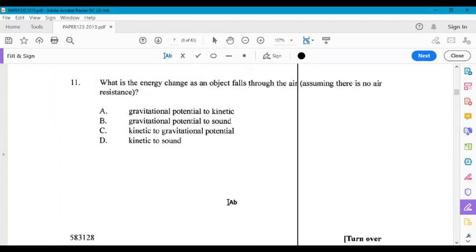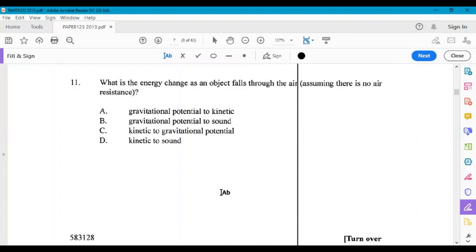Number 11. What is the energy change as an object falls through the air, assuming there is no air resistance? There are two main types of energy. We know an object can either have energy due to its shape or position, and that would be potential energy.